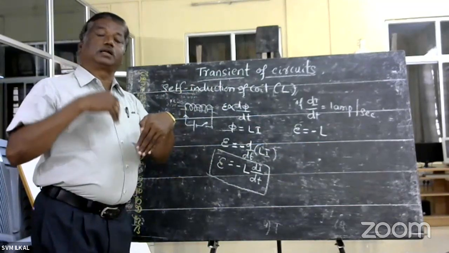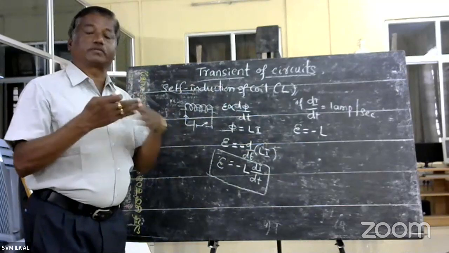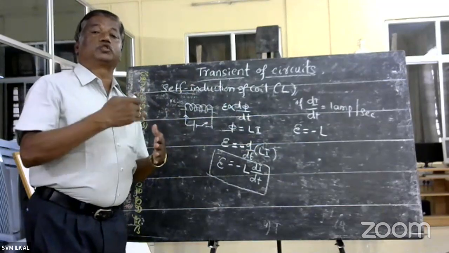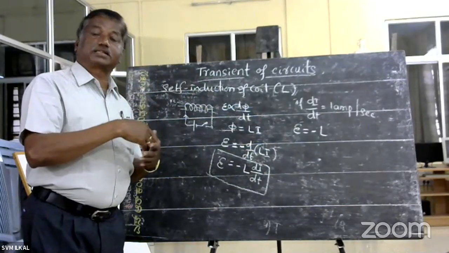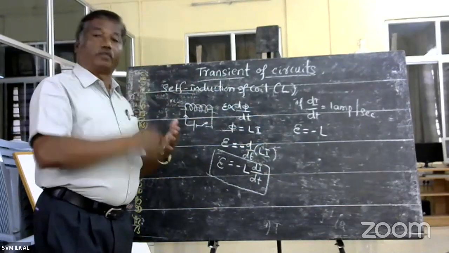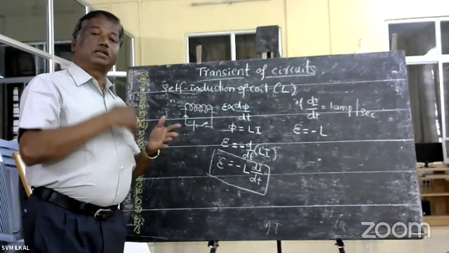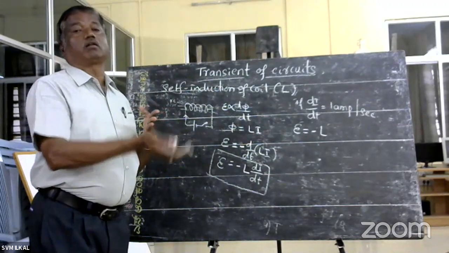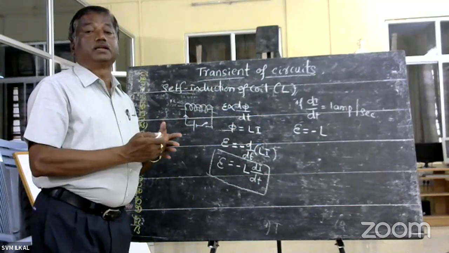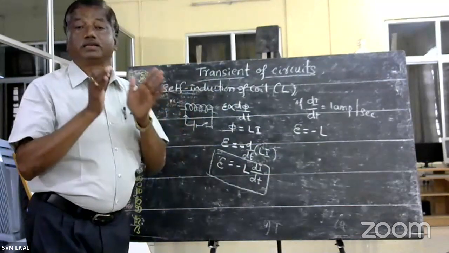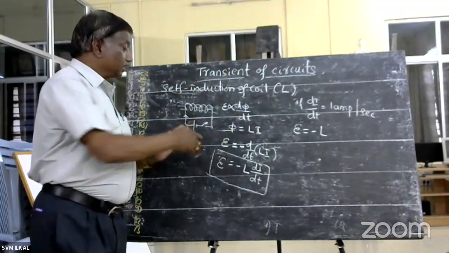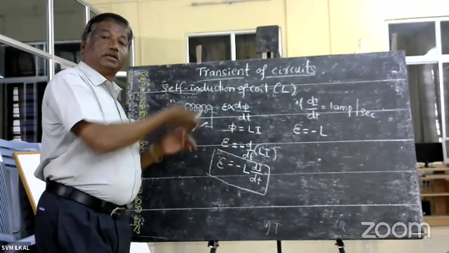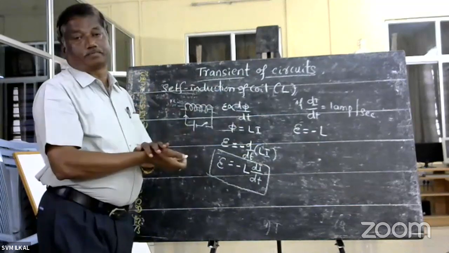See, the rise of current takes place during switch on. Fall of current takes place during switch off. Okay? Either switch on the circuit or off the circuit, there is an opposition offered by the instantaneous EMF. During the rise of current, the EMF opposes the rise of current.